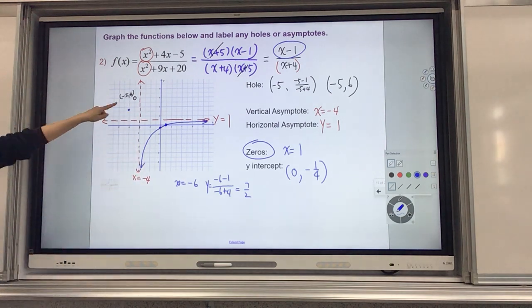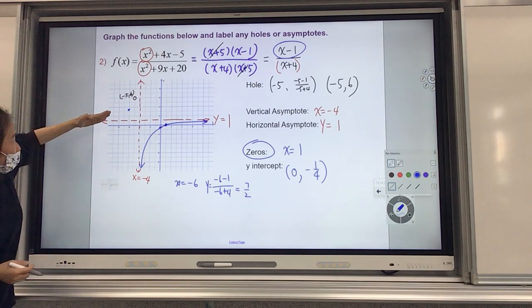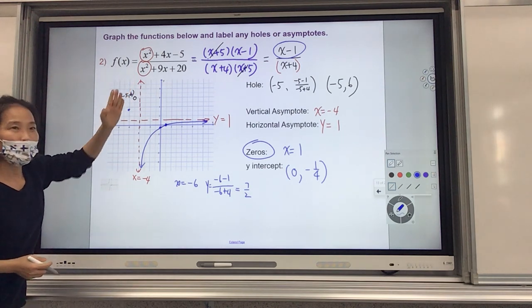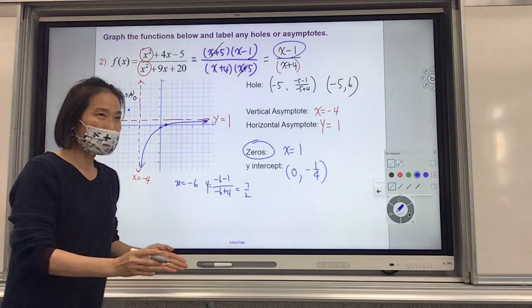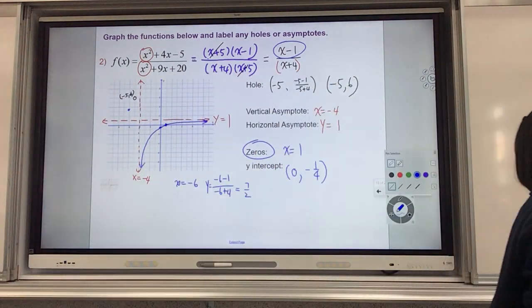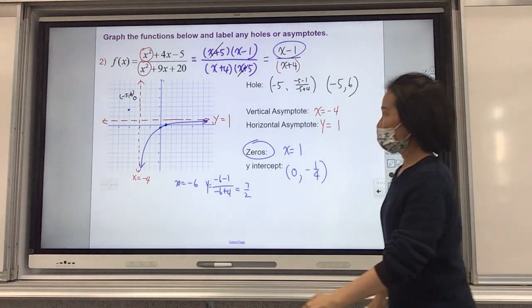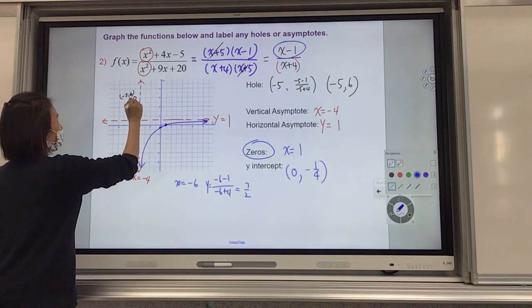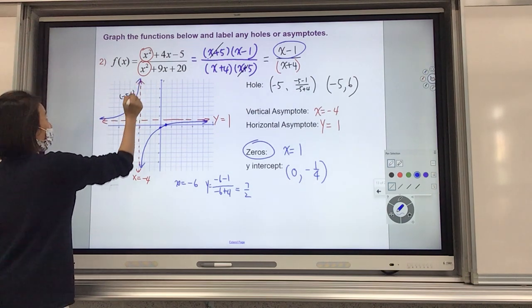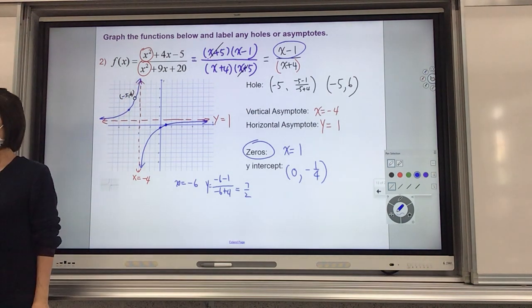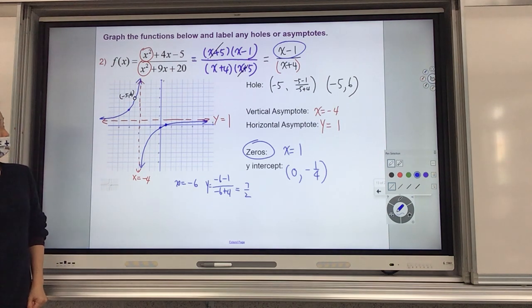Right here. Oh, look at that. My hole is right there. So my curve will actually pass it. I think the hole is on the path. You just need to jump over. Okay? So it is still on the curve. So we will connect. There you go. See?